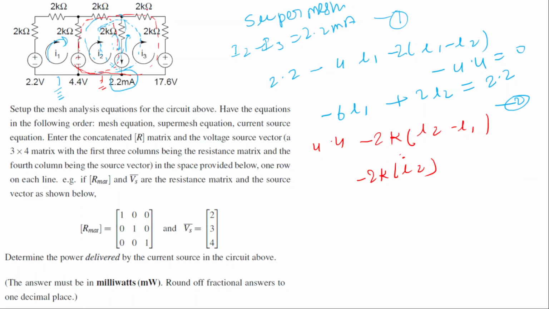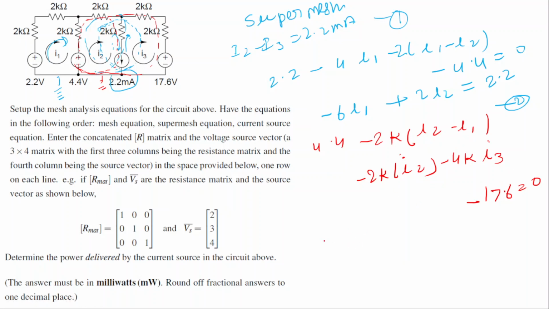Then we will go in this direction. So this 2k plus 2k, 4k, so minus 4k times I3 minus 17.6 volt equals to 0. Now let's adjust.